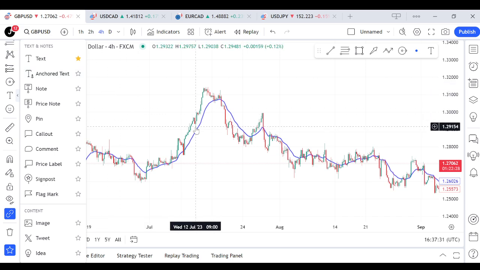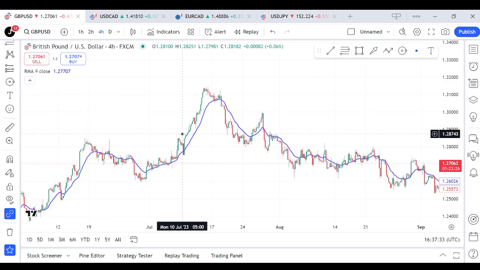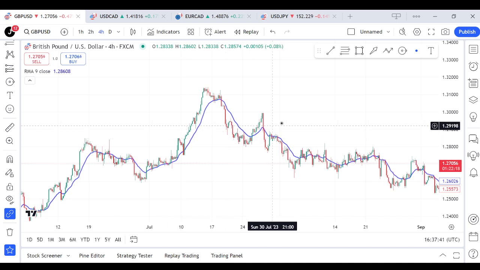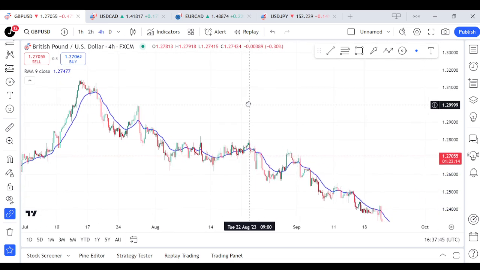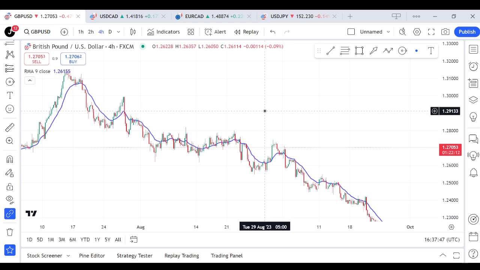This indicator smooths out price fluctuations, helping traders identify trends and potential reversal points. The rolling moving average adapts more quickly to price changes, making it particularly useful in fast moving forex markets.